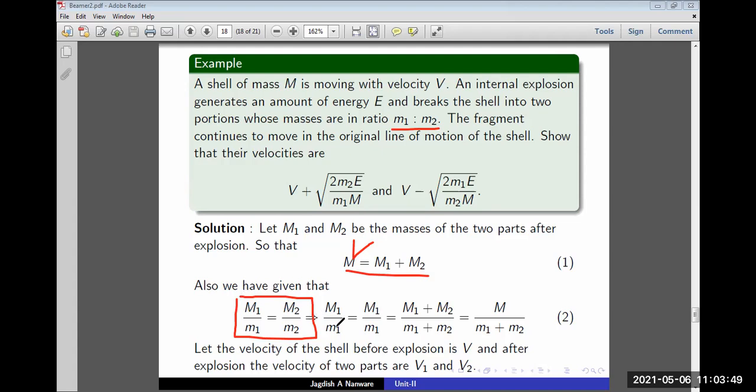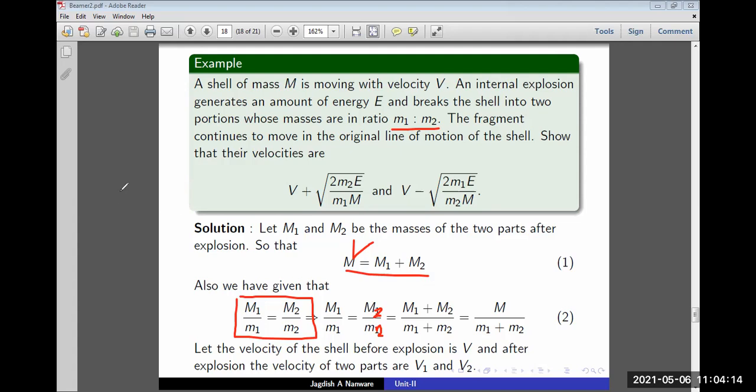Then this implies M1 upon m1 is equal to M2 upon m2. Here is a mistake, it should be this. So this is equal to M1 plus M2 upon m1 plus m2. This is just one of the very basic properties of ratio and proportion.